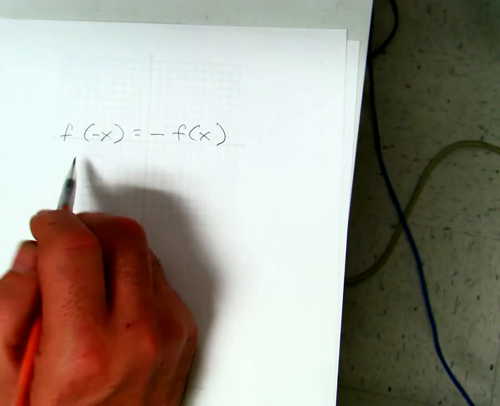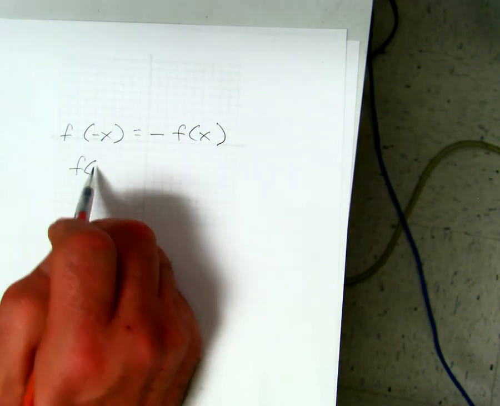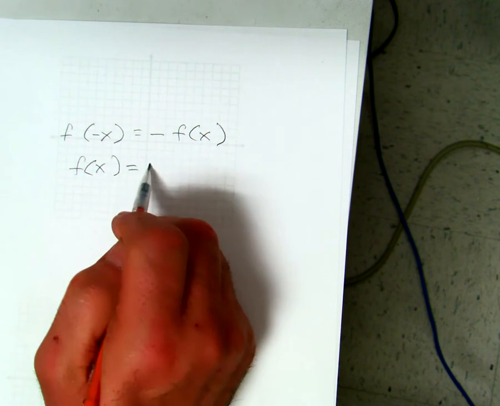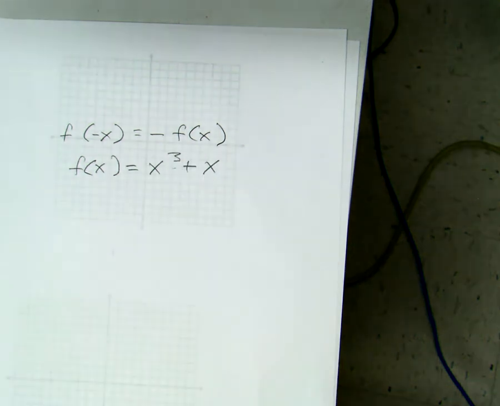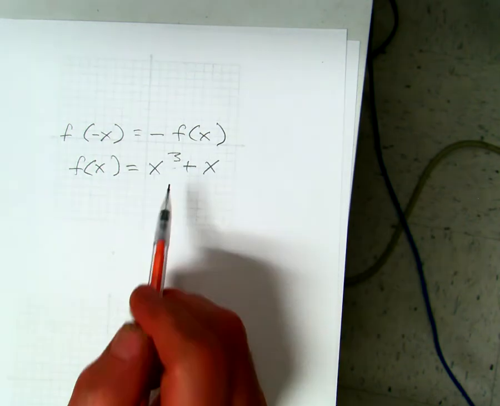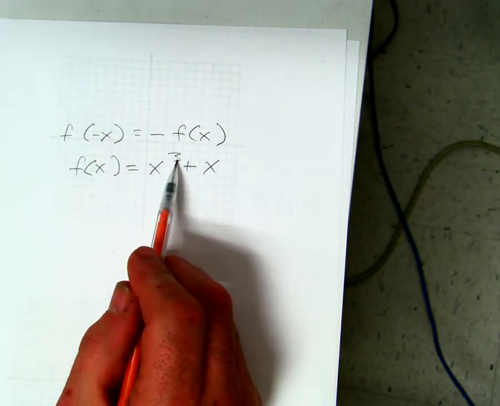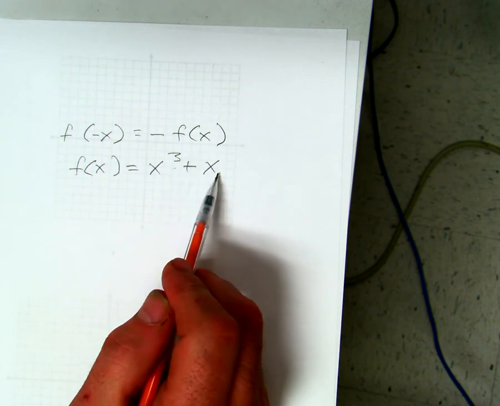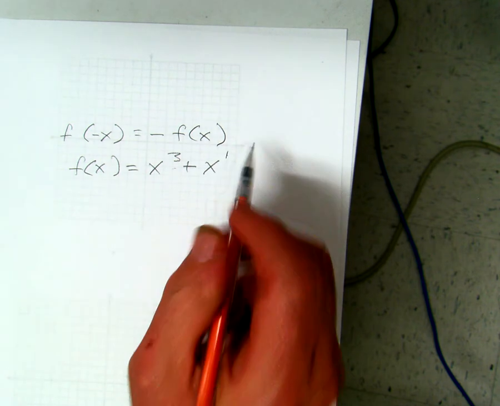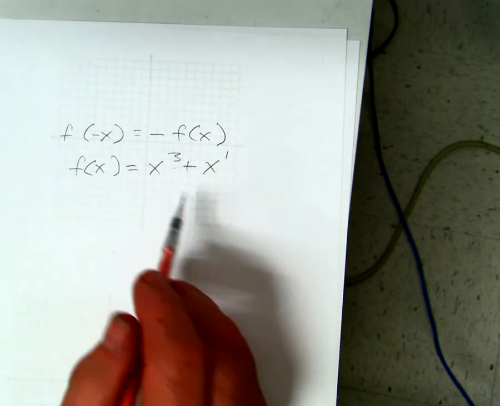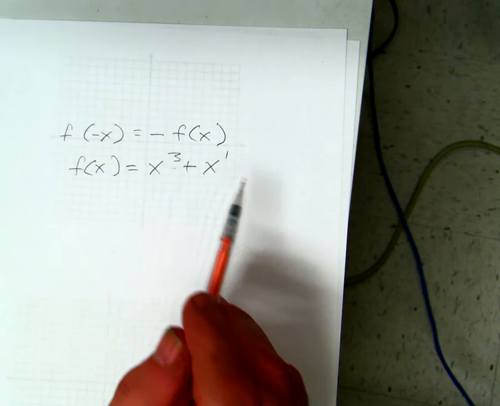First off, just like even functions, for a function to be odd, all the terms need to be odd. So let's take this function, for example. This term is odd because it has a third degree exponent. This term has a first degree exponent. Both numbers are odd, therefore the function is odd.